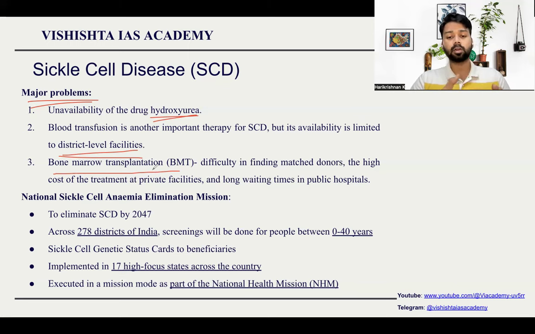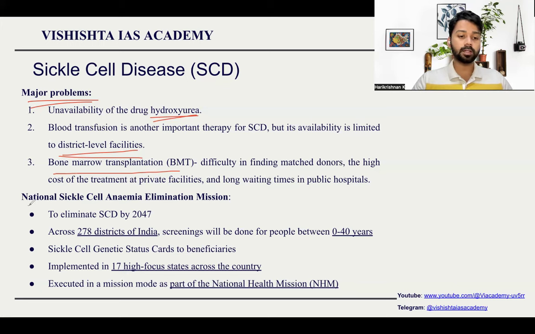But again, it is a very costly treatment, and it is not easily accessible for people. Apart from this, another treatment is there, that is genetic treatment. So genome treatment, where your genome will be completely converted into a normal genome, and then it will be placed into your body. But again, it is extremely costly.